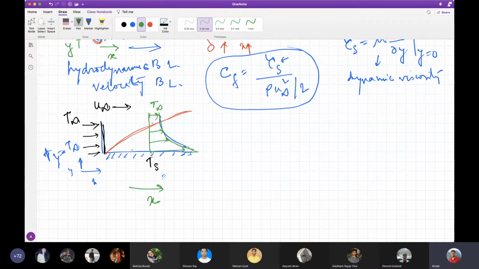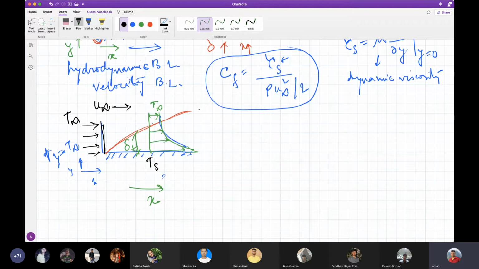Now, similar to the definition of the hydrodynamic boundary layer, where we needed to understand its thickness, here also we will have a thickness, which I will call delta T, where T stands for thermal boundary layer.